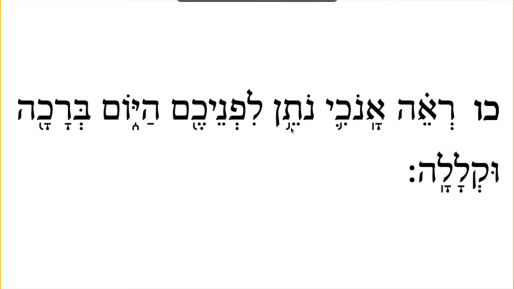Okay, and this is a mercha right here, and remember the trope marks tell you the accented syllable of the word. So this is noten, and mercha says mercha. So noten says noten. You can say it after me if you want to. If you don't want to, that's okay. If people are feeling shy today.